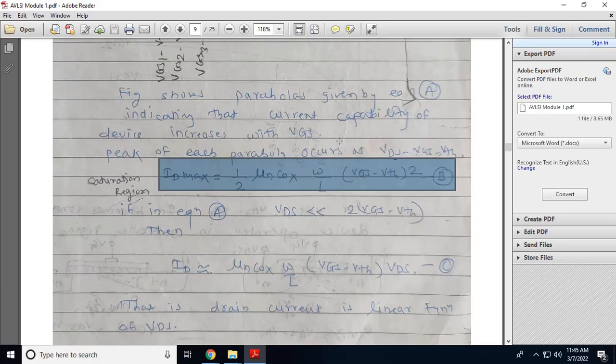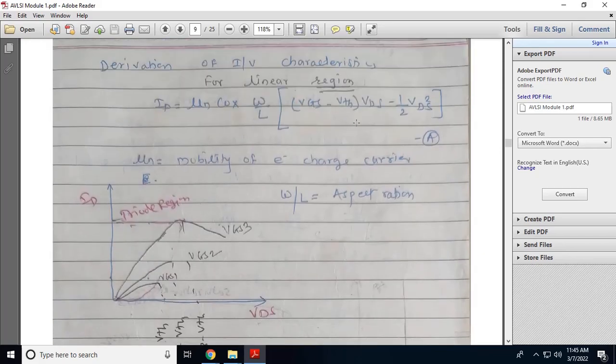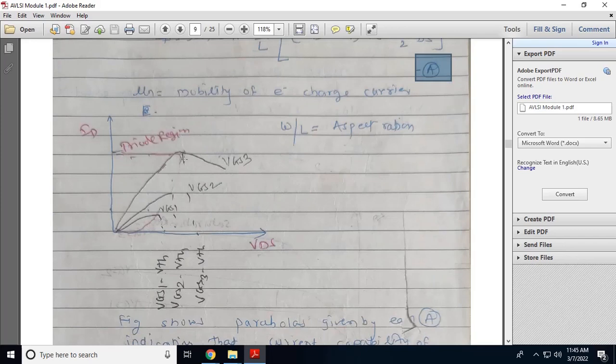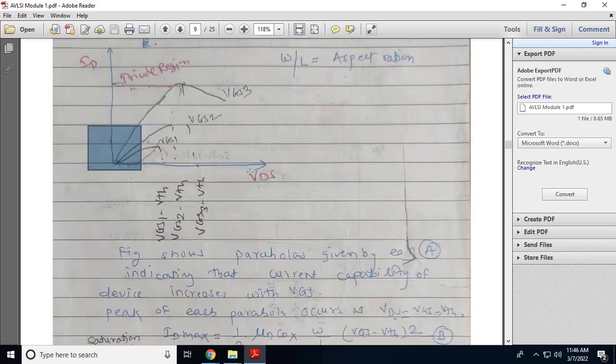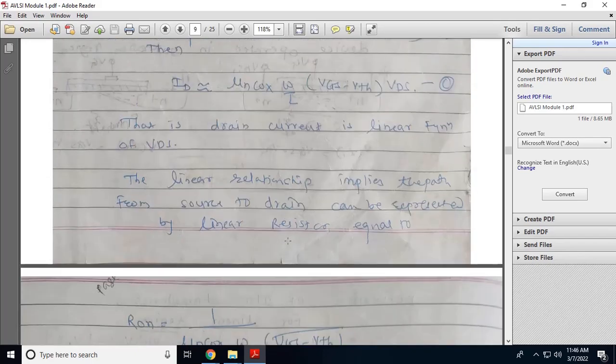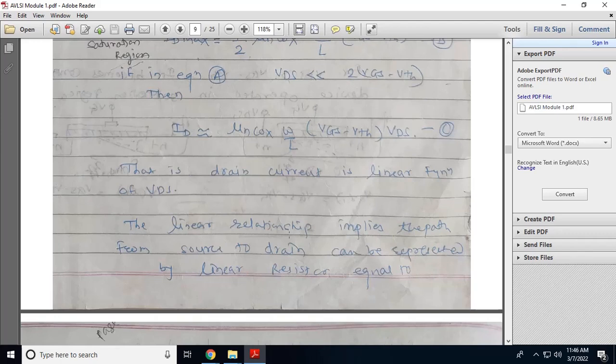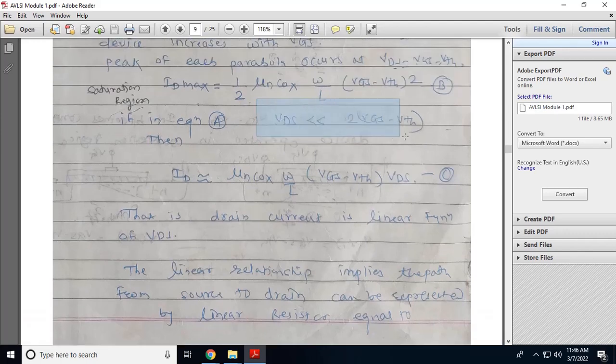Now in equation A, we will discuss the deep triode region. Here VDS is very small as compared to 2 times VGS minus VTH. So ID is equal to mu n COX W by L VGS minus VTH into VDS.